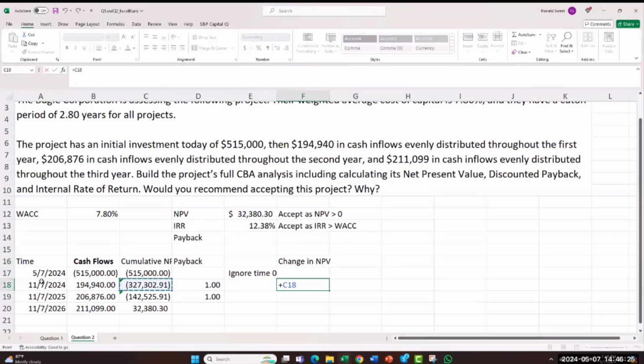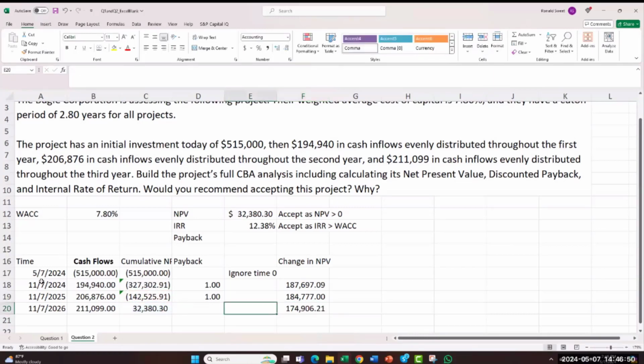So the change here, so it went from negative 500,000 to negative 300,000. So it added 187. The change here, so it went from negative 327 to negative 142. And then here, we added 174.